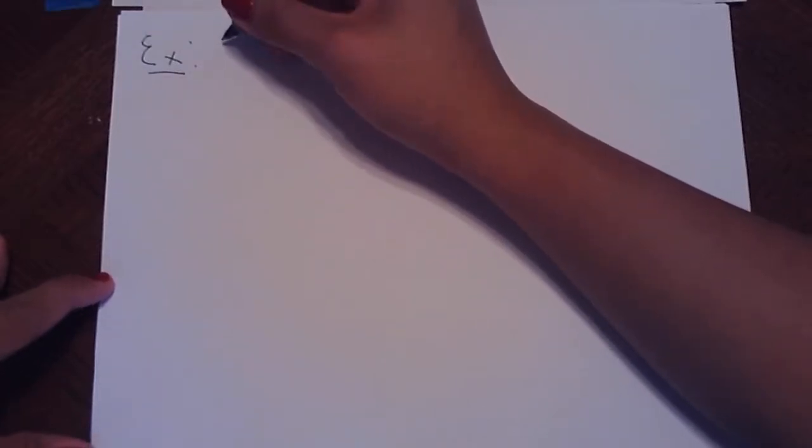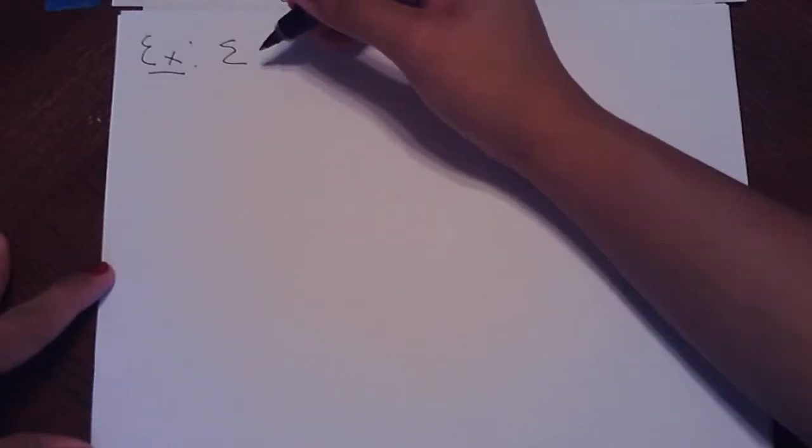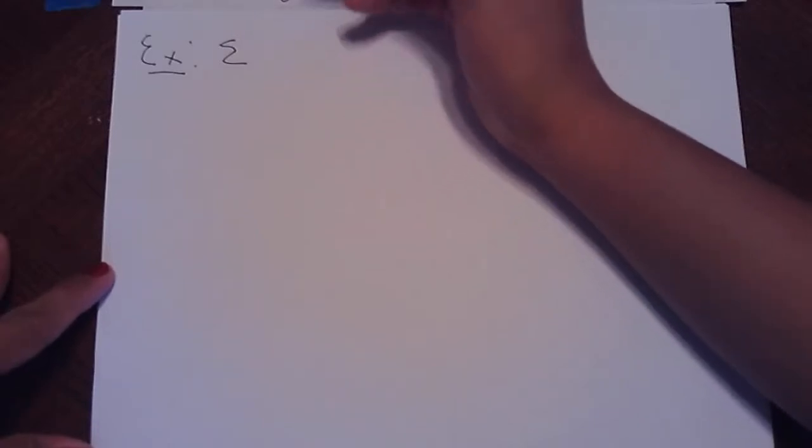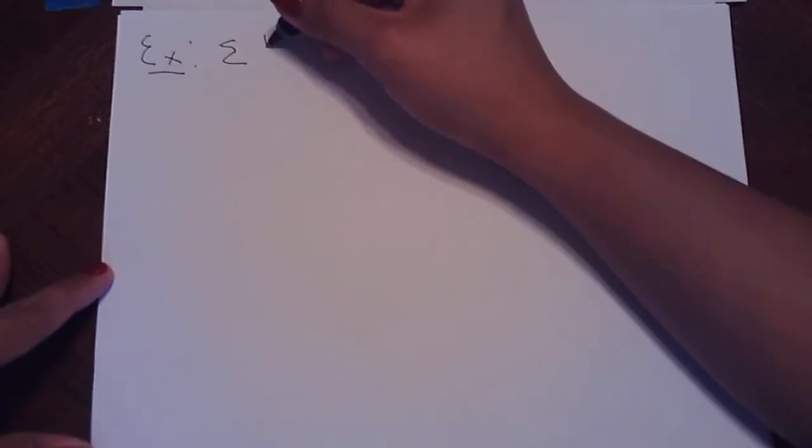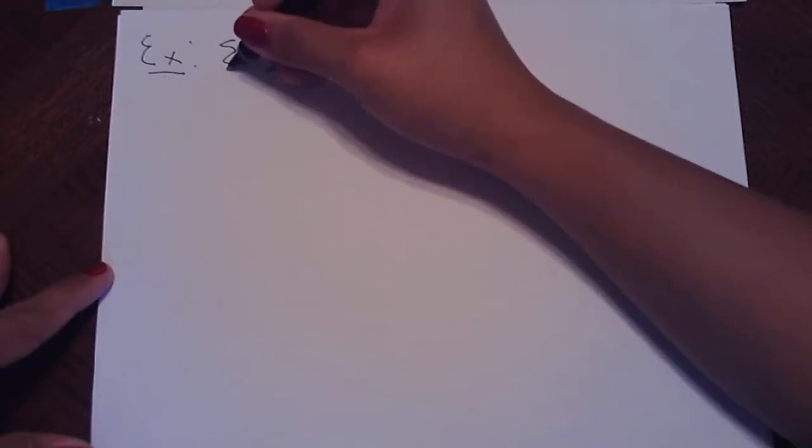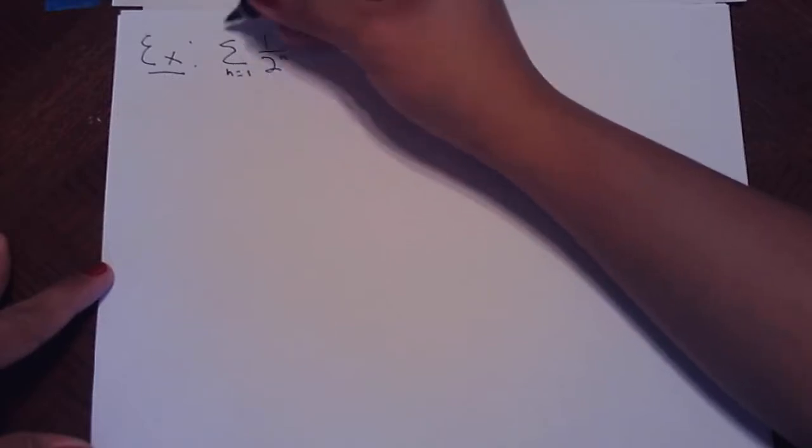Okay, so let's try that example that we did when we were looking at improper integrals. All right, so I'll consider my sequence 1 over 2 to the n added up. So my series for 1 over 2 to the n, n equals 1 to infinity.